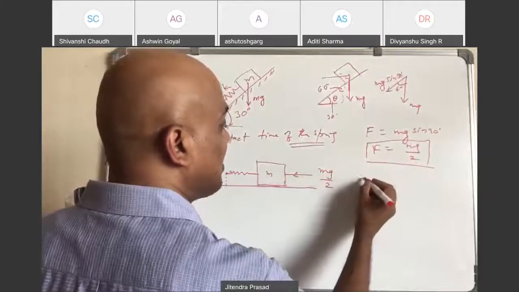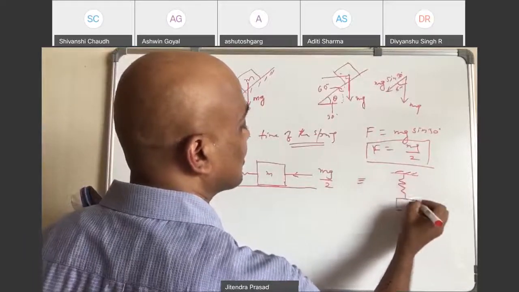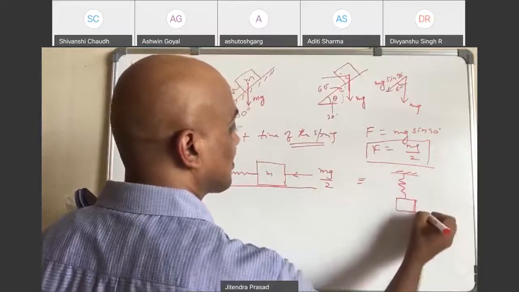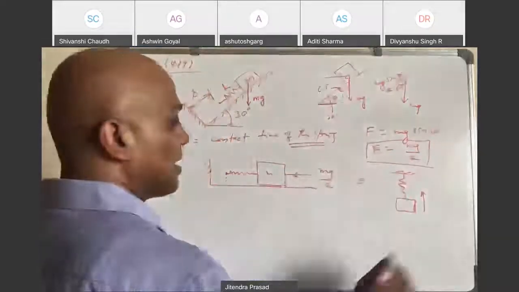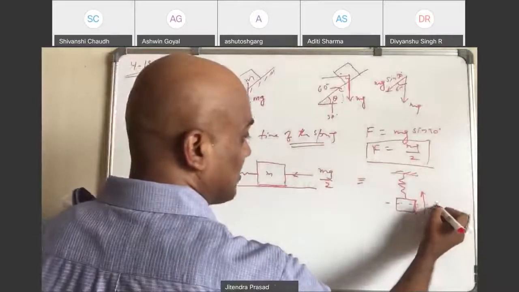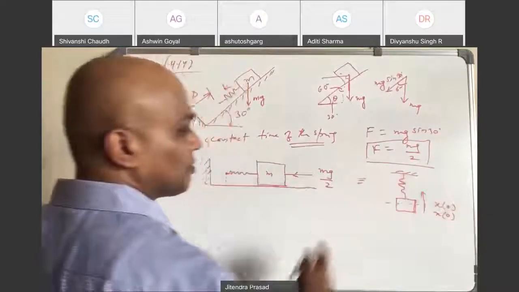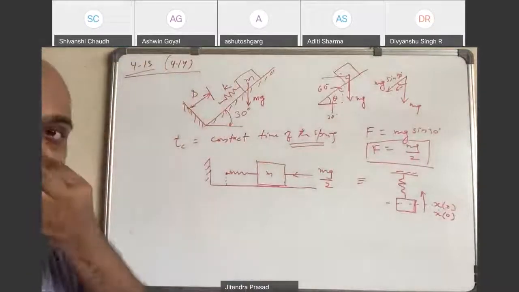This system will finally be equivalent to this system, right? Going up like this one, from the mean position. And there will be an x0 value and an x dot 0 value, both of them.